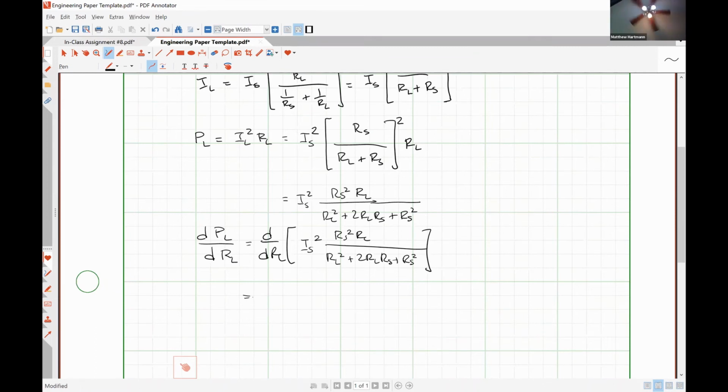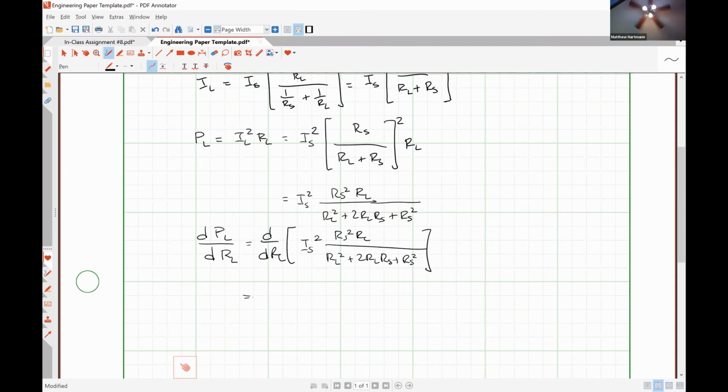Let's see. So quotient rule, right? Since we have a function f of x on the top and a function g of x on the bottom.